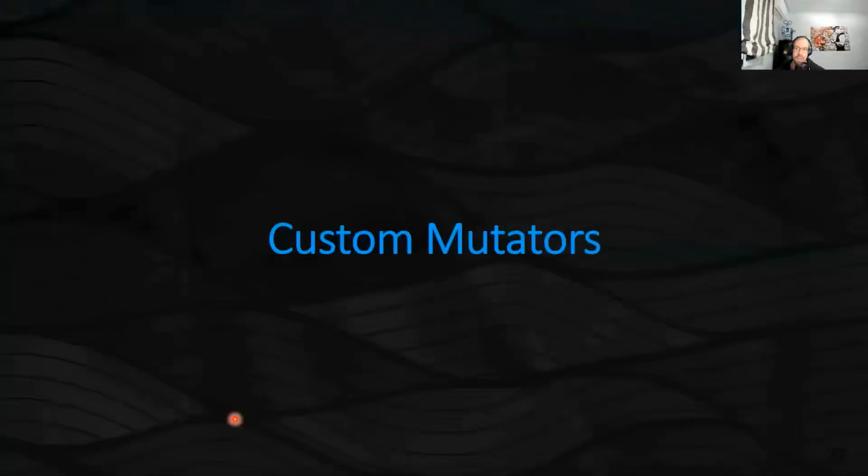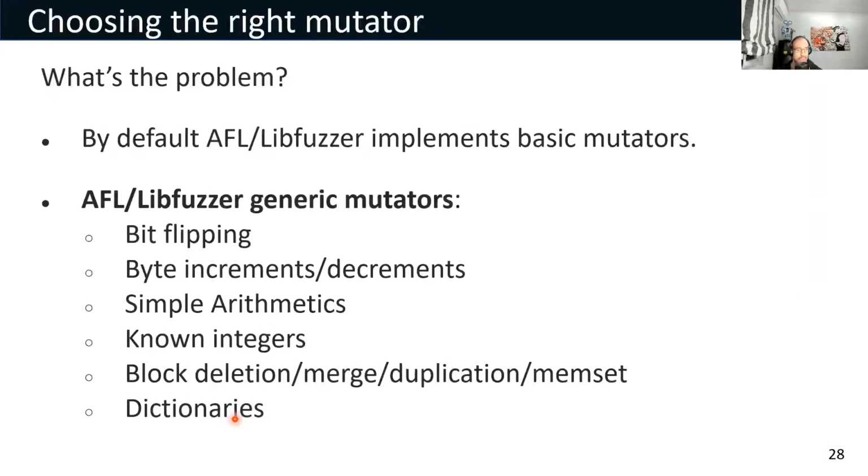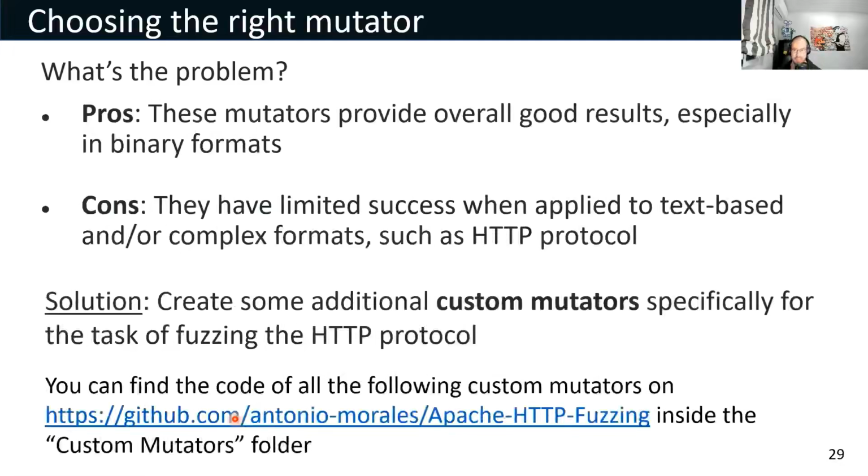Let's give now a brief introduction about custom mutators. But first of all, what's the problem we want to solve? Well, by default, AFL and LibFuzzer implement basic mutators like, for example, bit flipping, byte increments, or known integers.